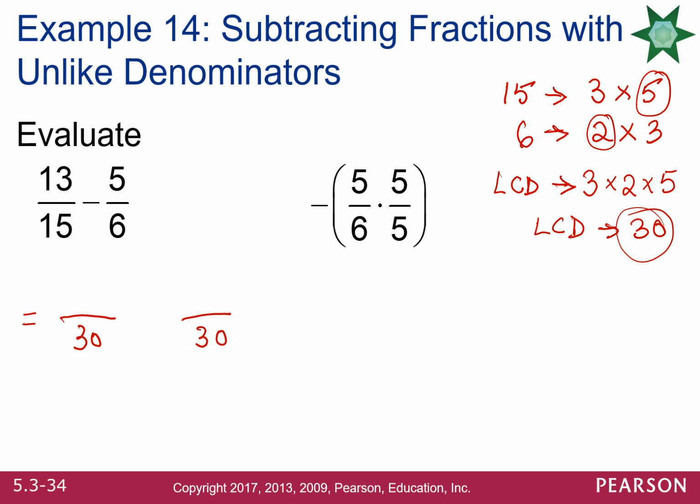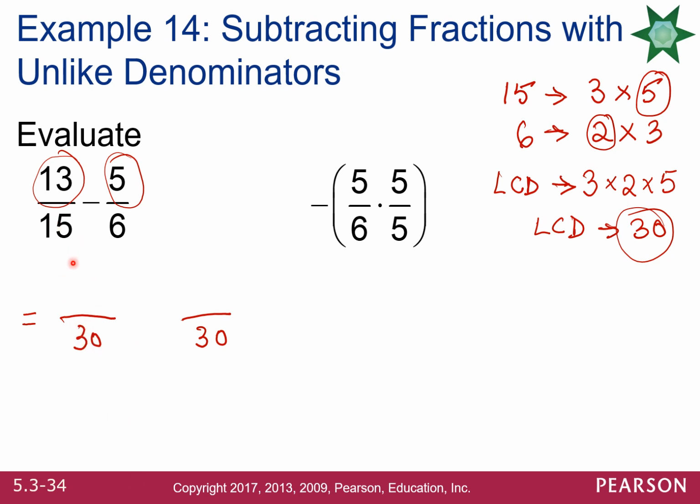All right. Now that we have a common denominator, we have to make sure that the numerators are adjusted accordingly. So we change the 15 to a 30. What did we have to multiply the 15 with to get a 30? 2, right? 15 times 2 is 30.